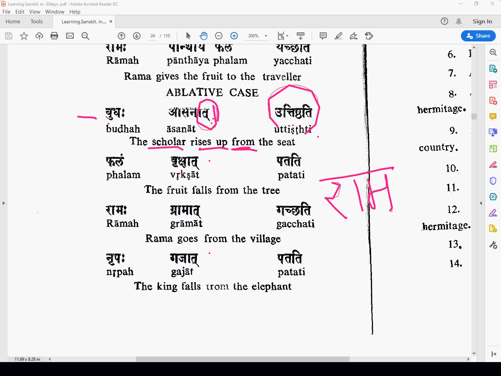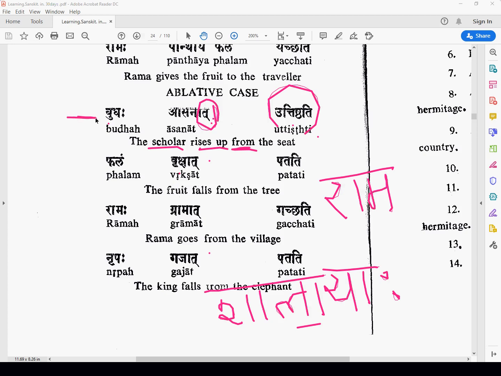For other words, the fifth case ending form could be different, so you can refer to the table again. If it is like Shala, Akaranta Strilinga, ending in A, then for the fifth case ending, just add Yaha.